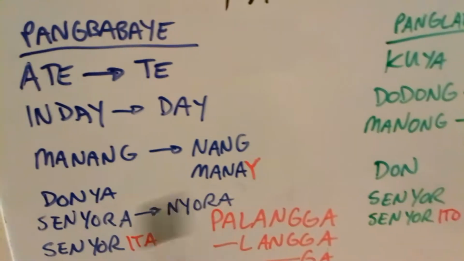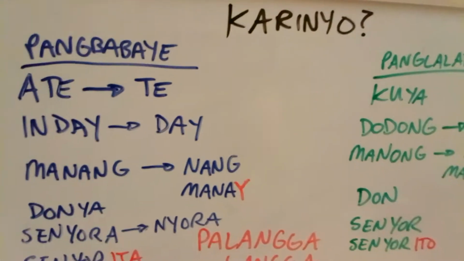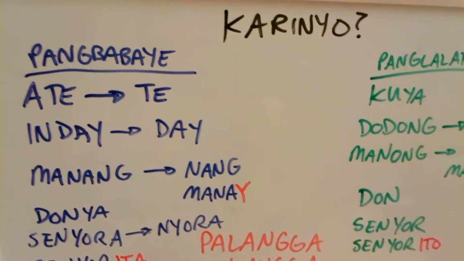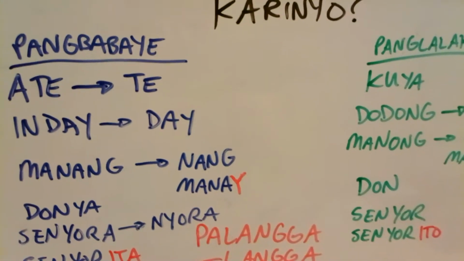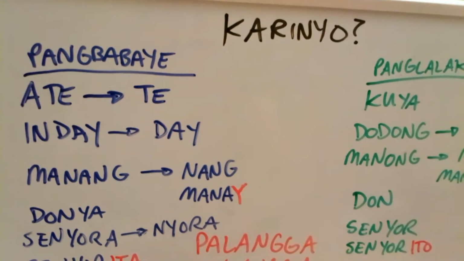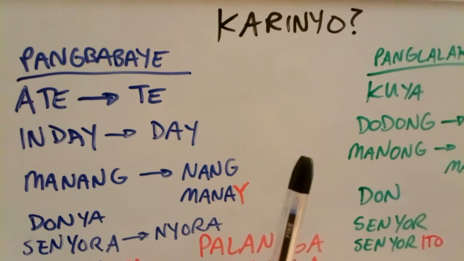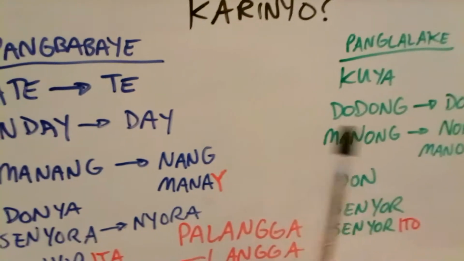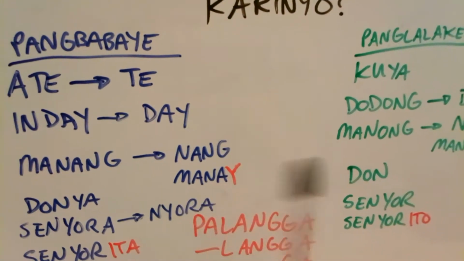Whereas manang and manong, and it's just me personally, I would use for someone maybe in their 30s to 50s, something like that. And for the younger female, I would just call her dai, and the younger male, dong. It doesn't necessarily need to be inclusive within the family.